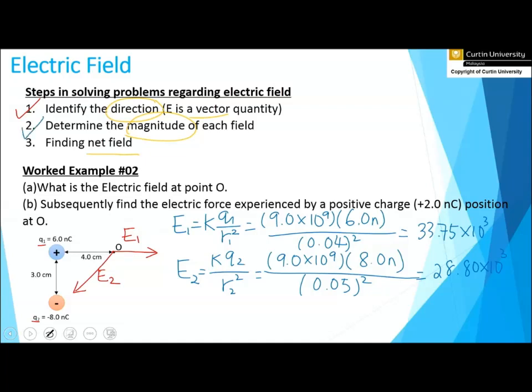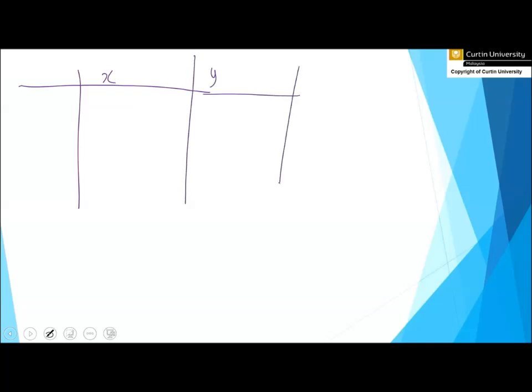Now, look for the net field again, because this is a vector and they are not on the same line. Resolving to x and y component is needed. Alright, so draw your table. X component, y component, E1 and E2.